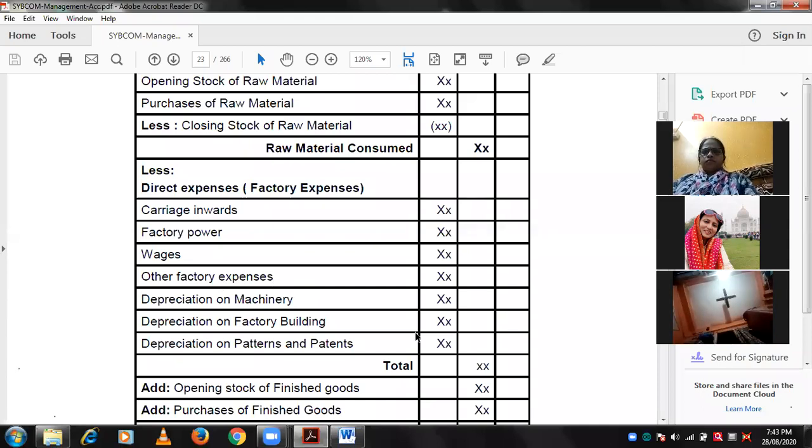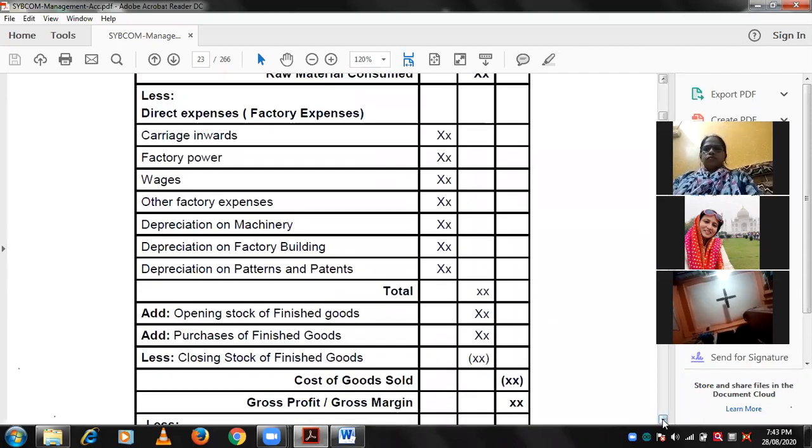Then the depreciation: depreciation on machinery, depreciation on factory building, depreciation on pattern items, all these come under this direct expenses head.